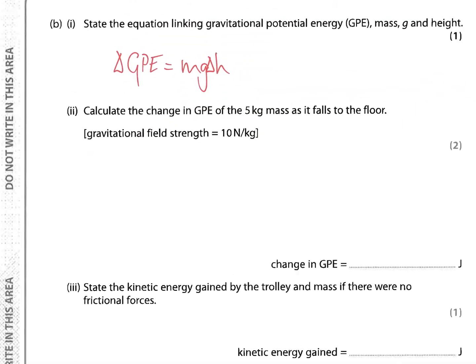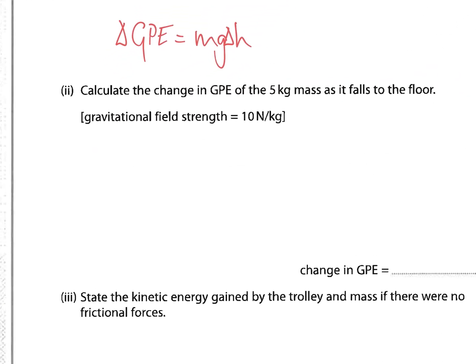So therefore, 0.65 meters, let's jump back to show my values here. The change in GPE is going to be equal to 5 times 10, it's given, by 0.65 meters. And what does that come out with?